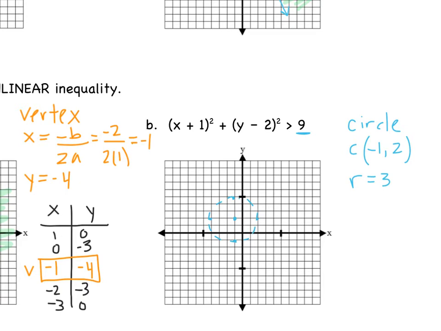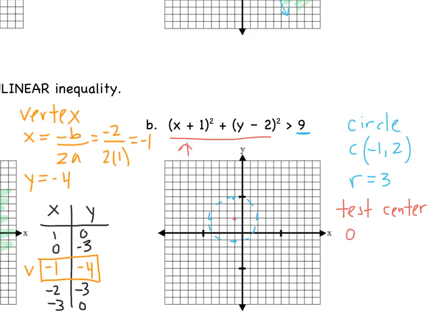And now again, we have to test a point. The best point to test in a circle is the center. The reason we like to test the center is because it makes this whole side go to 0. So when we plug negative 1 in for x at that point, we get 0 squared.